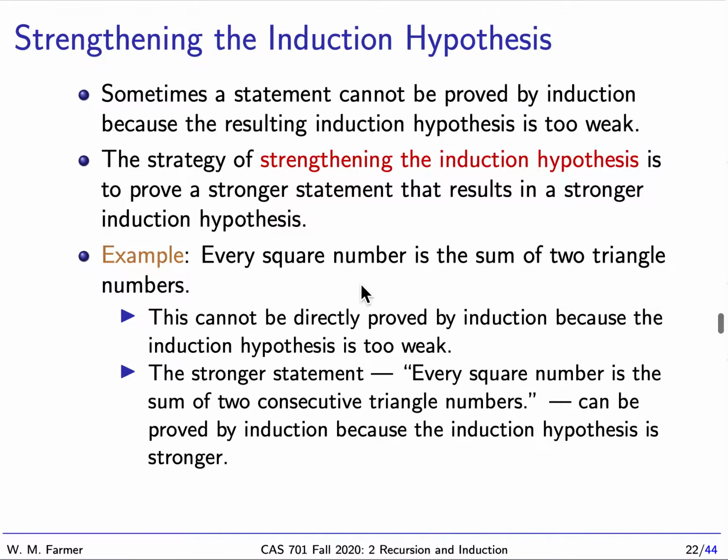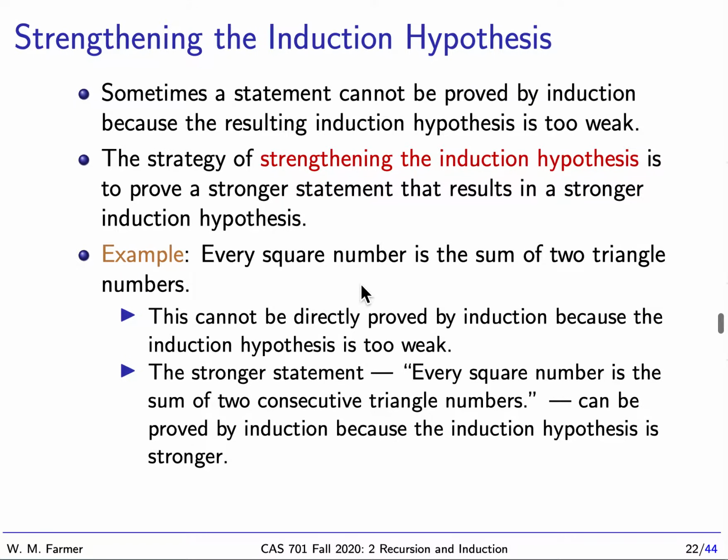First, we want to talk about a very important idea called strengthening the induction hypothesis. Sometimes when you're trying to prove a statement, you can't prove it by induction because the resulting induction hypothesis is too weak. The hypothesis does not have enough information to allow a proof by induction.